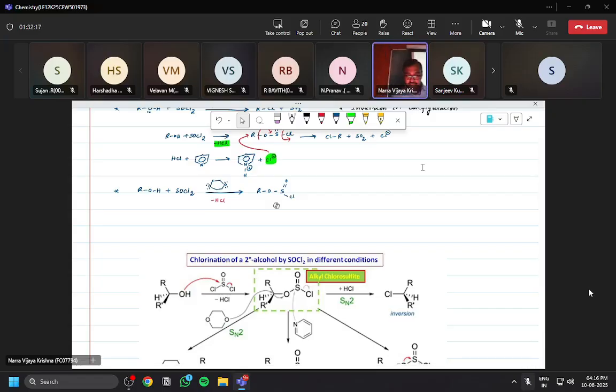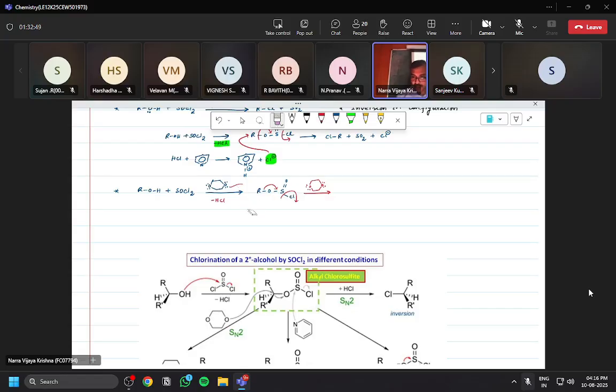Next step, what have we done? We are making this attack over the alkyl group. If this attacks over the alkyl group, then this bond will shift here and the Cl minus will be lost. Will you understand if I write like this?